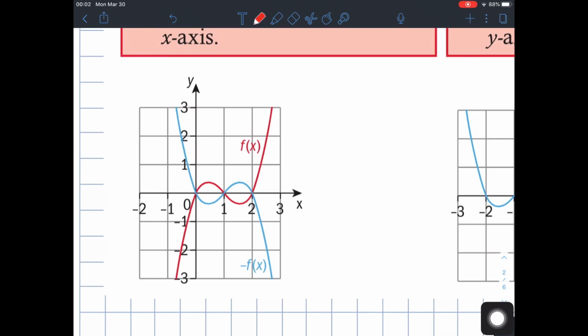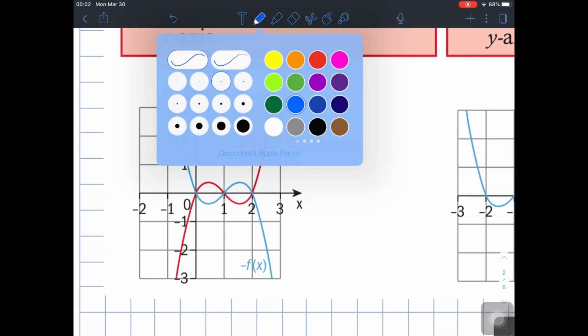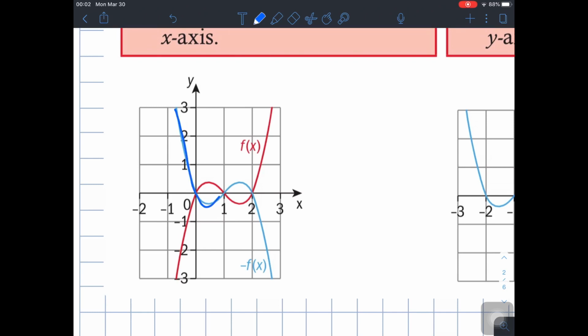So minus f of x reflects the original function in the x-axis, meaning that all of the points, for example this point, we reflect using the x-axis, which means we should change the sign of y.